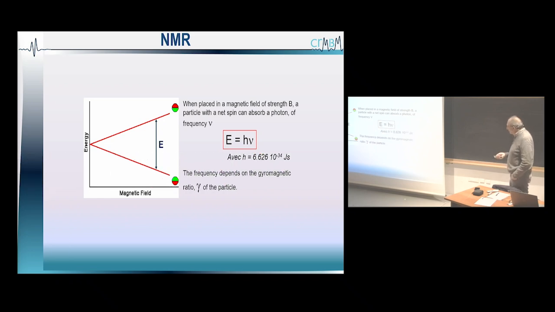I'm not going to talk about the constant. You can go back to this formula I gave you before. The energy you need to give is going to provide the same frequency as the one the nuclei are rotating at around the B0.